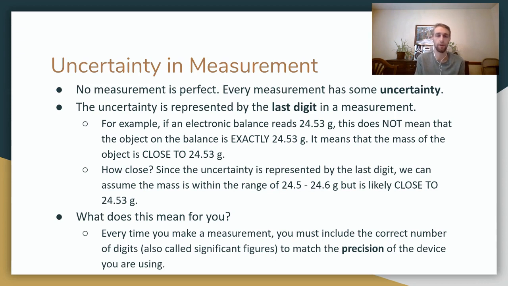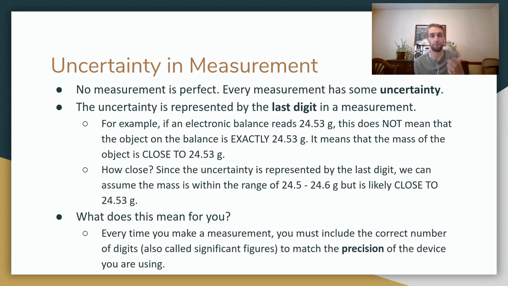So here's an example. If you put something on an electronic balance, that's what we call it, an electronic scale. Scientists call it a balance. And that balance reads 24.53 grams. That is an approximation. It doesn't mean that the object is exactly 24.53. It means that it's pretty close to that.